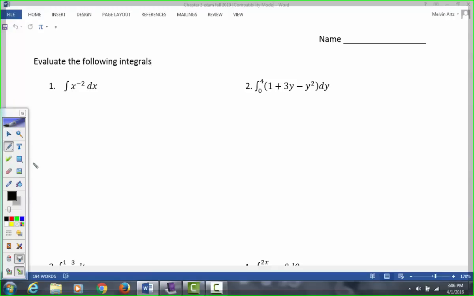So for number 1, we're just going to apply the rule. If we have an integral in the form of x to the n, we know the antiderivative is going to be x to the n plus 1 all over n plus 1 plus some constant of integration.